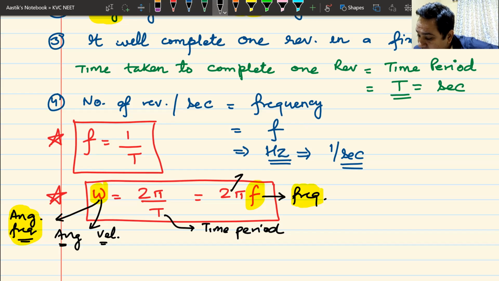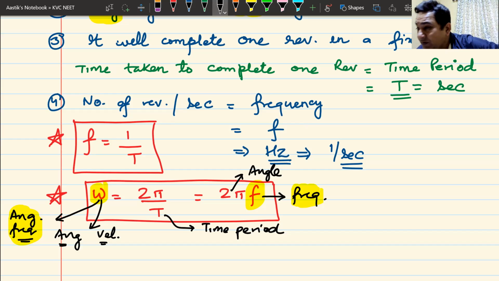This 2 pi is an angle. This is the angle that it rotates in one circle. 2 pi, 360 degrees, is the angle that the particle moves in one circle. So 2 pi is definitely an angle. Angle multiplied by frequency, angle frequency, becomes angular frequency.